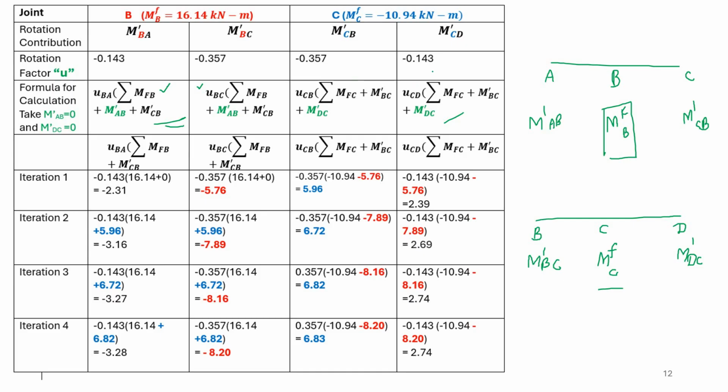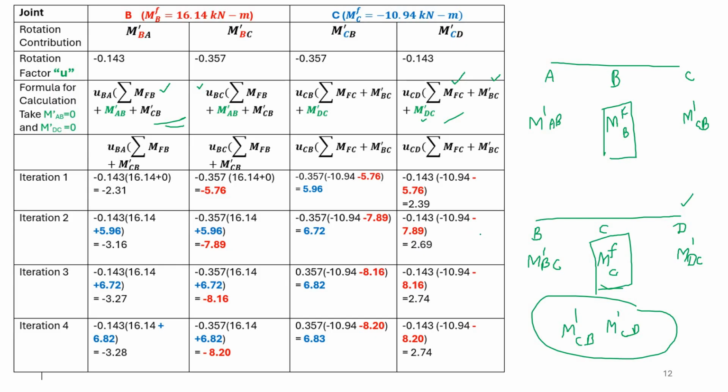You have the same formula for M dash CB as well as M dash CD. For these two, you have this same formula. So can you recognize this expression, UCD into MFC plus M dash BC plus M dash DC? I have explained here. This is MFC that is written here. Then this is the farther end M dash BC that is written here, and this is M dash DC that is written here. So don't get confused with the calculations.